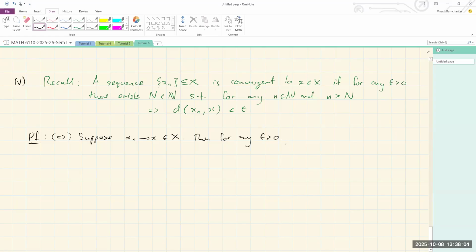Then for any epsilon bigger than 0, there exists a natural number N such that for any other natural number bigger than N, what do we have? The distance in X of xn to x is less than epsilon.